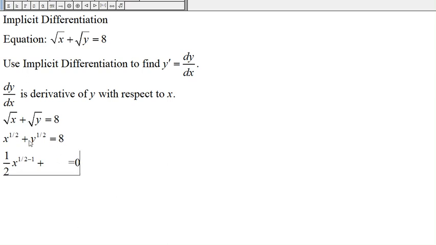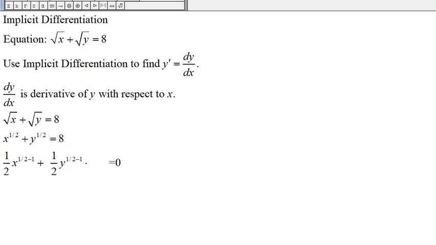And here, the variable is y, but we're doing the derivative with respect to x. And so we have to use the chain rule. And so it's going to be 1/2 y, so put the exponent in front of the y, and then 1/2 minus 1.